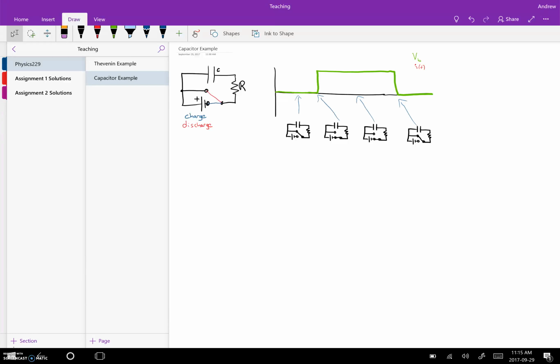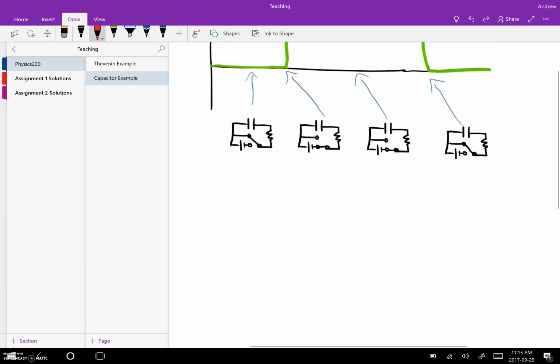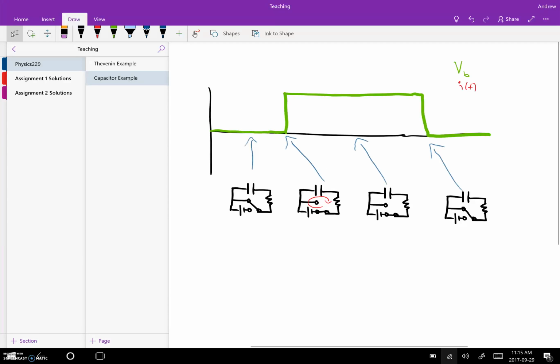As soon as we close this switch here, what is going to happen to the current? Well, it's going to begin to flow. We'll call this the positive direction. And it is going to flow across and start decaying.